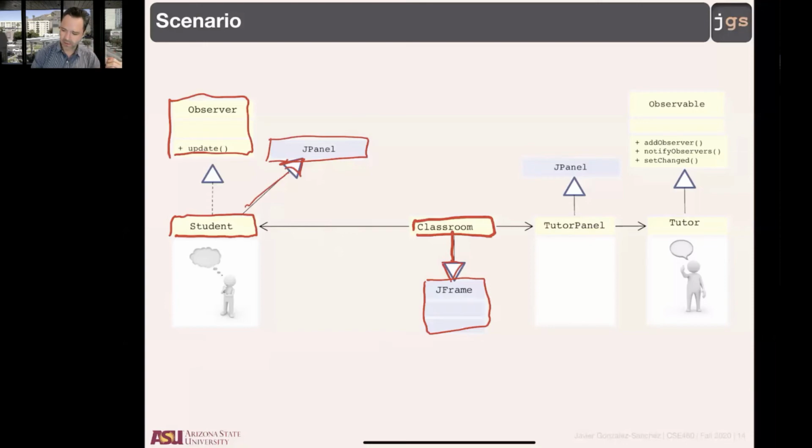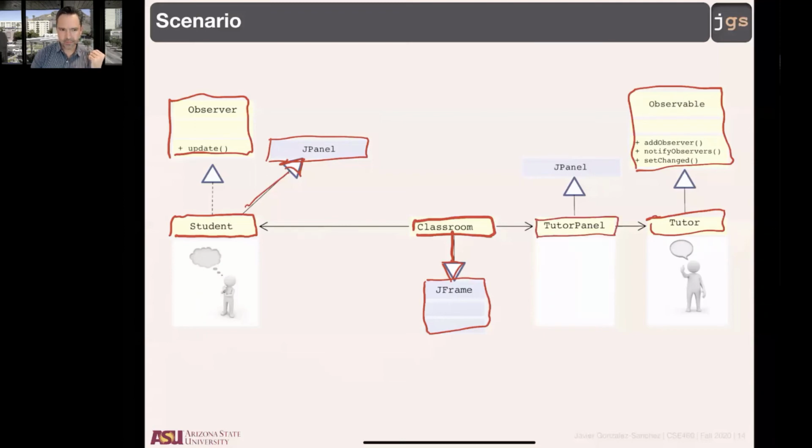Second approach, I already have Tutor, and Tutor is already observable. Instead of making Tutor a panel, like I did with the student, I want to do another class that is kind of the house of the Tutor. So I have the Tutor, and I have the home for the Tutor.